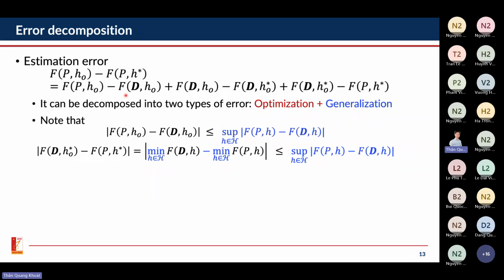Let's observe that these quantities show the difference between the empirical error and the expected error of our trained model, right? And of course, it can be upper bounded by these quantities. Here we denote by sup here. Do you know what is that?